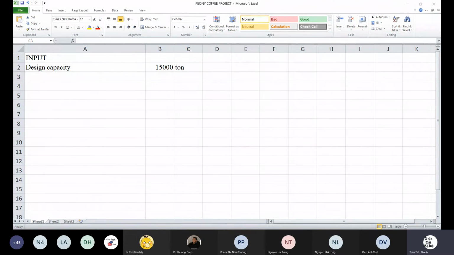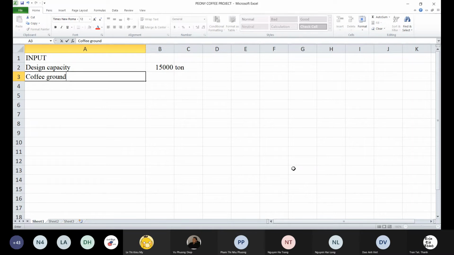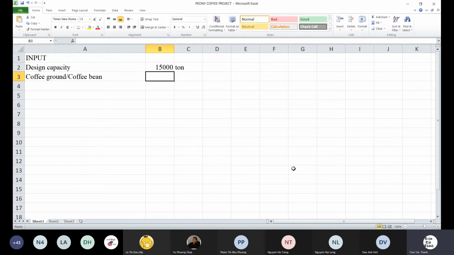Now what else? The second one is going to be, for each ton of coffee bean, 700 kilograms of coffee grounds. So it's going to be coffee ground over coffee bean. It's going to be 0.7, or let's say 70%. It equals 700 over 1000.